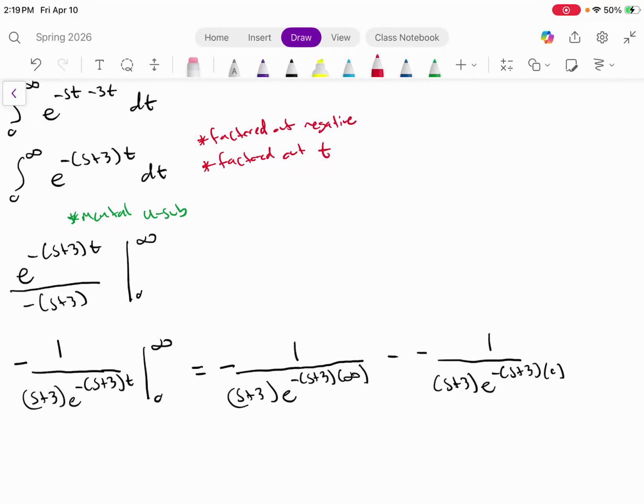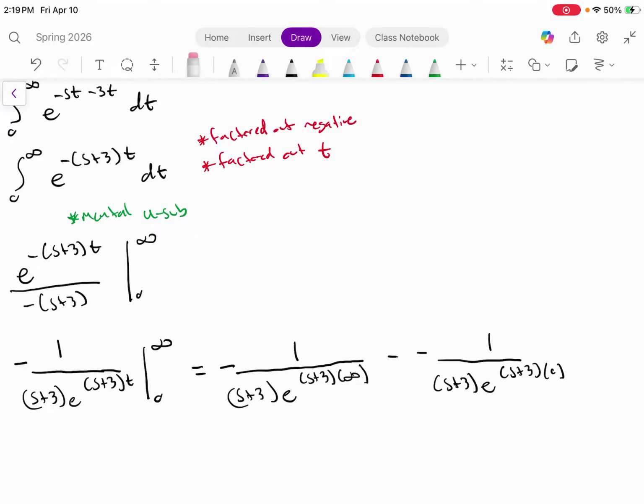Excuse me, when I move this down, the negative goes away. So let's erase all the negatives in the denominator. Sorry about that. We moved it down, so a positive exponent.